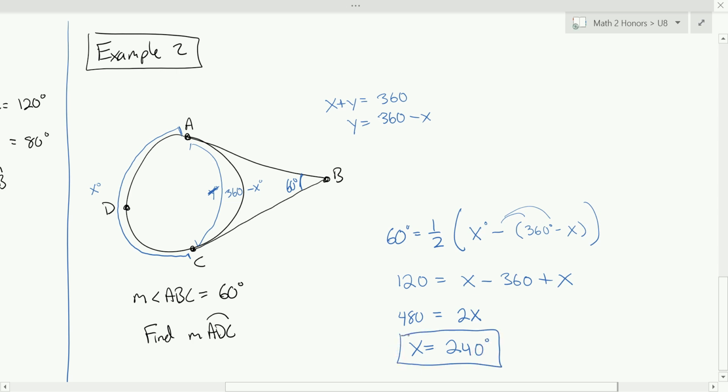And it worked out. All right, so again, there's another example using that formula, finding the measure of an angle outside of a circle. How are we doing? Okay, all right.